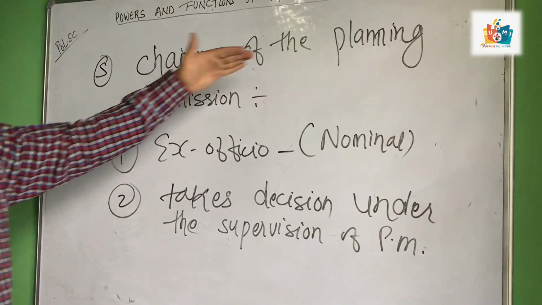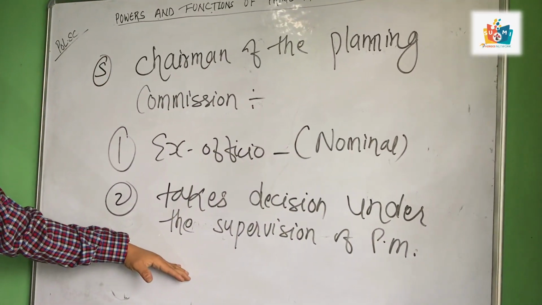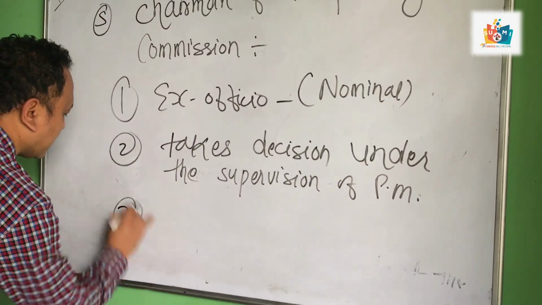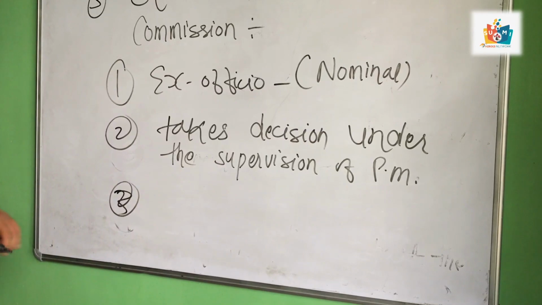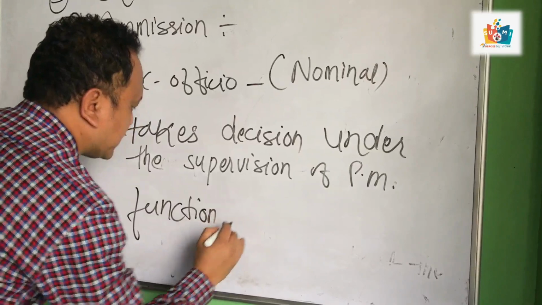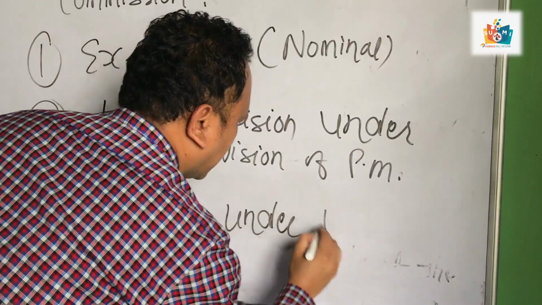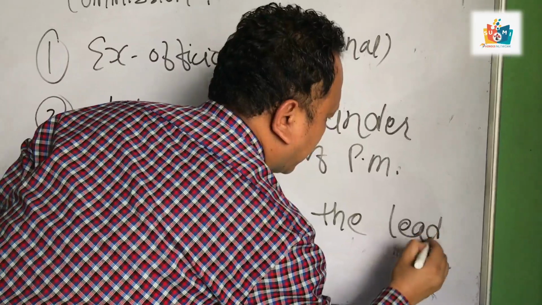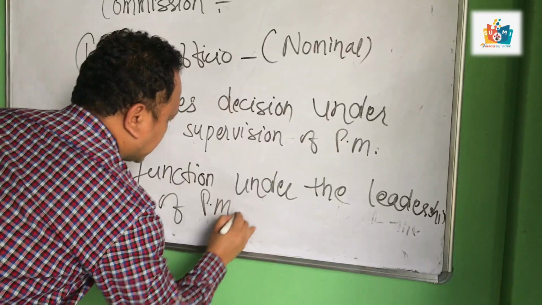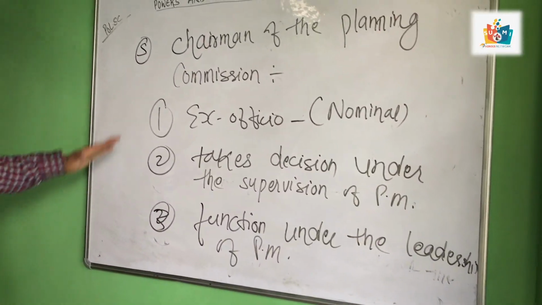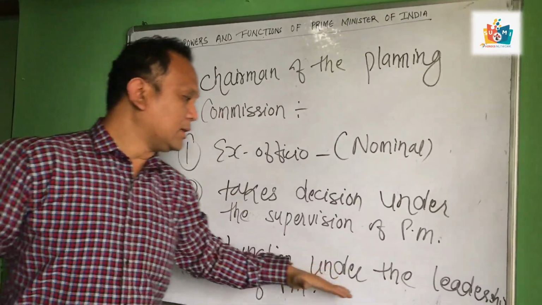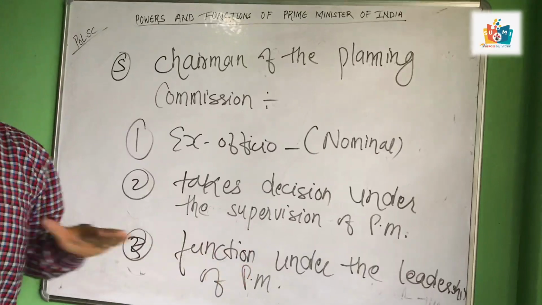Number 2, this Planning Commission takes decisions under the supervision of Prime Minister, and number 3, this commission functions under the leadership of Prime Minister. All right, so this commission works or functions under the leadership of Prime Minister.